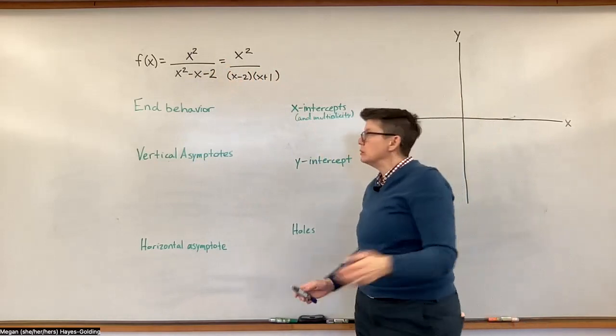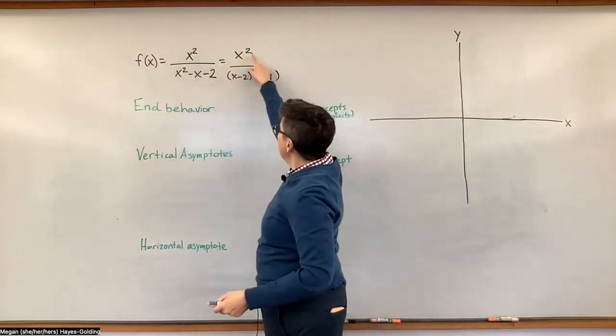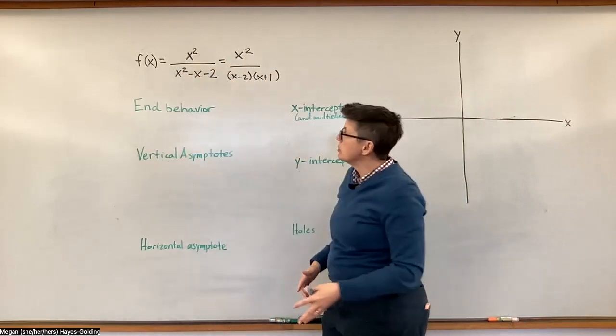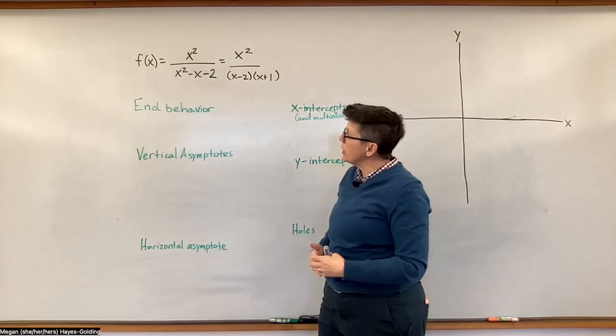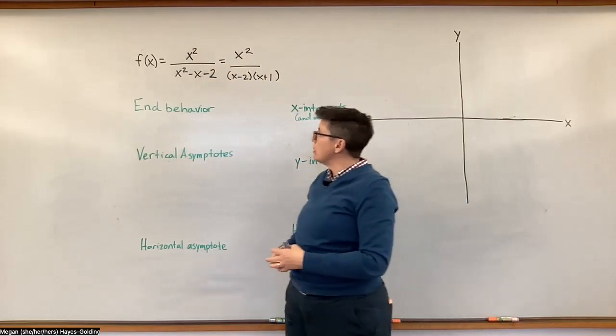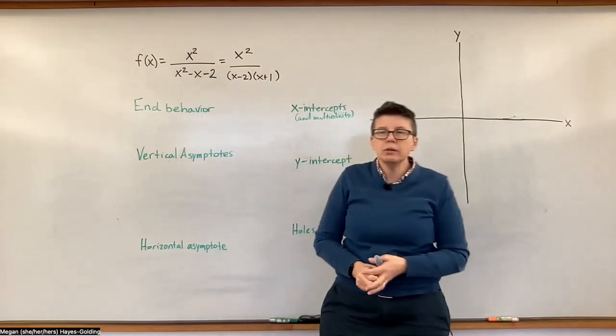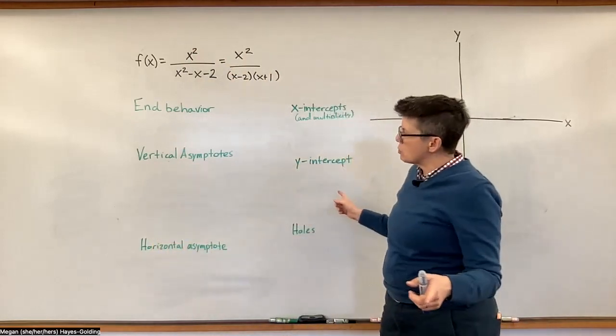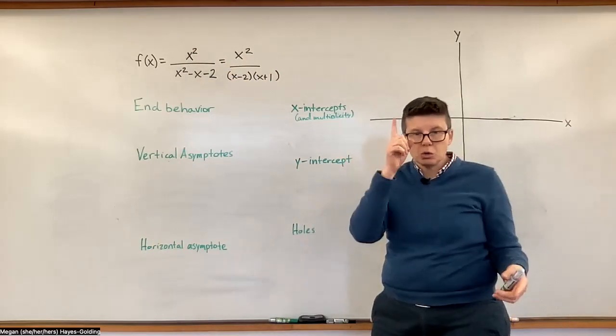Let's look at end behavior. For end behavior purposes, it's equally weighted. So x squared over x squared, as we head to infinity, we're going to approach 1.